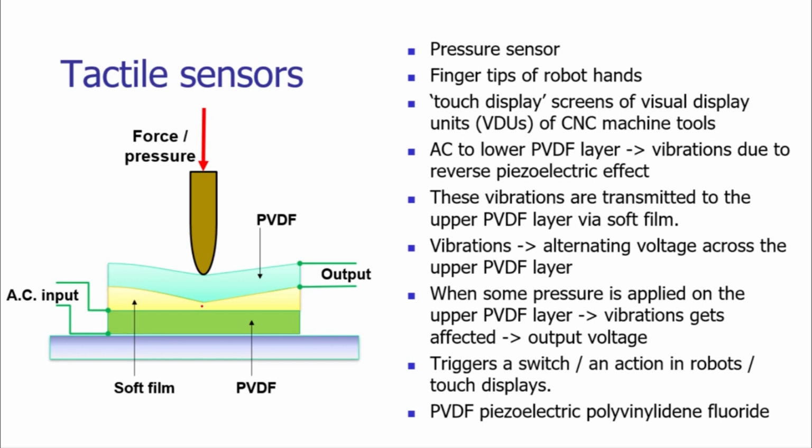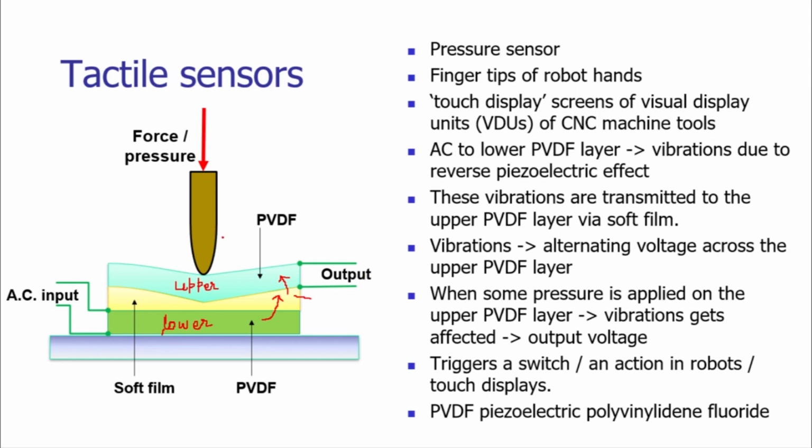These vibrations will be transferred to the upper PVDF layer. The upper layer is also a piezoelectric material layer. Due to the vibrations inside this upper layer, there would be generation of electrical potential. With uniform supply of the AC input, we are getting uniform output across the upper PVDF layer.